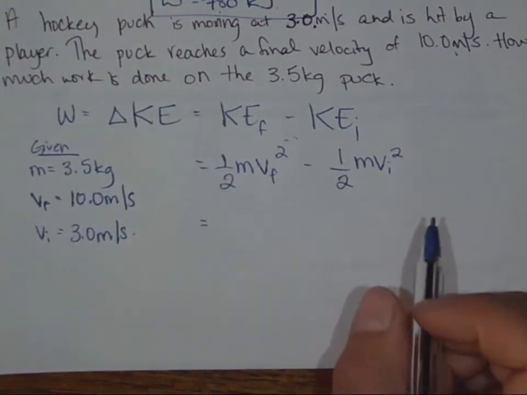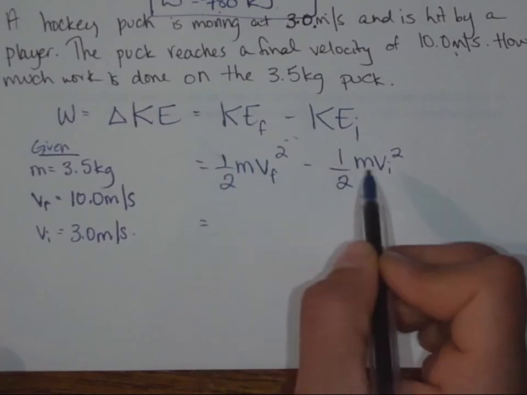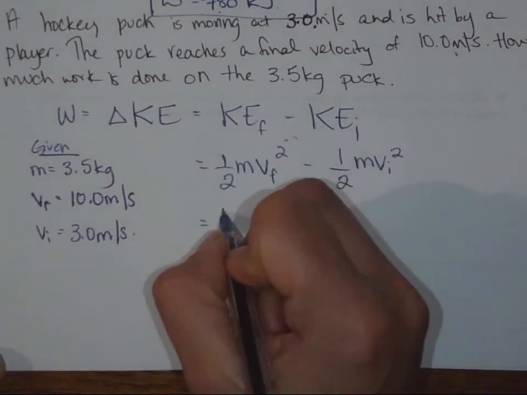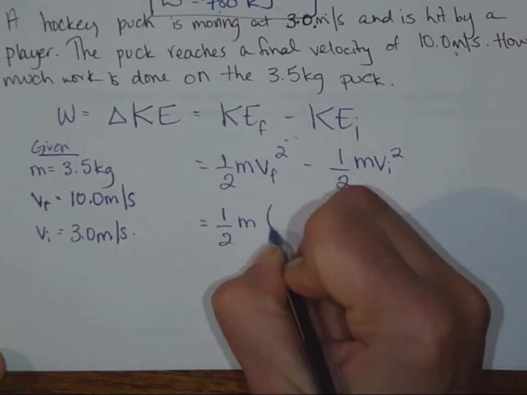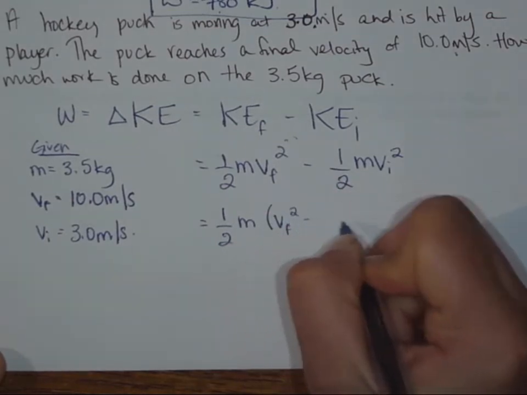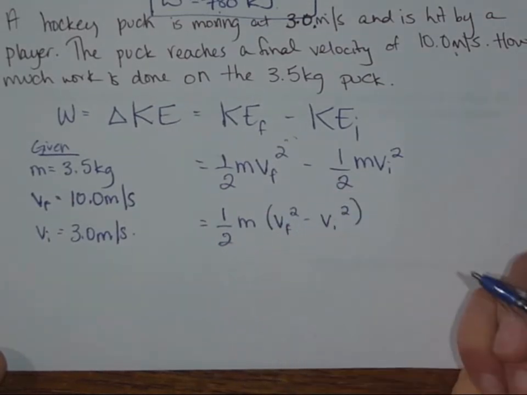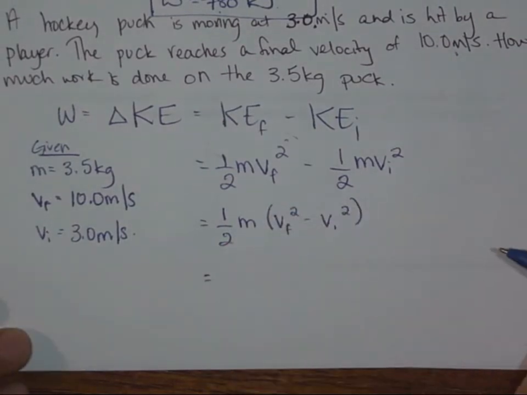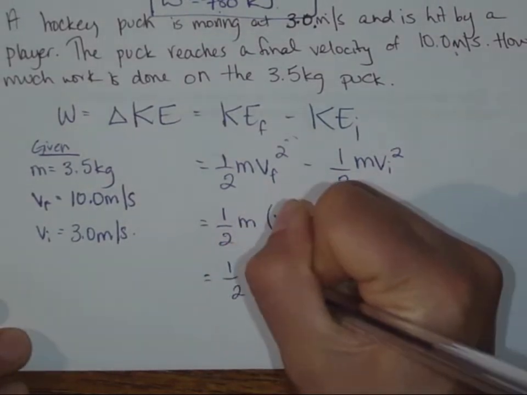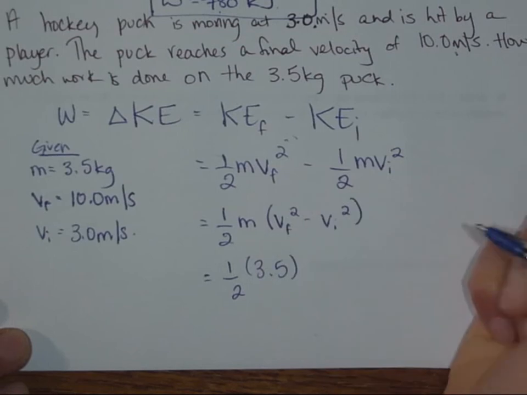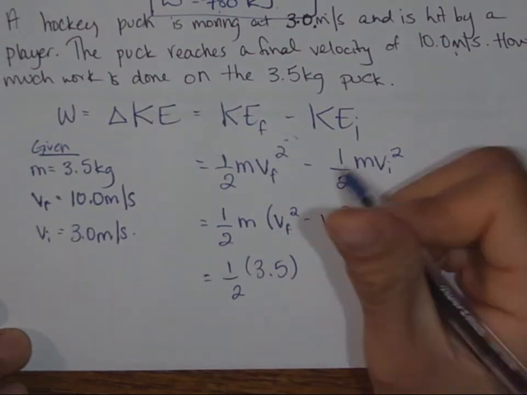But to make it nice and easy, what I'm going to do is factor out the half m so that I have vf squared minus vi squared. And then I can plug that in. So I'm going to do half 3.5. You don't have to do that. For some reason, I like to look at it that way.